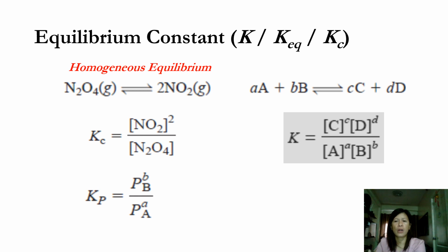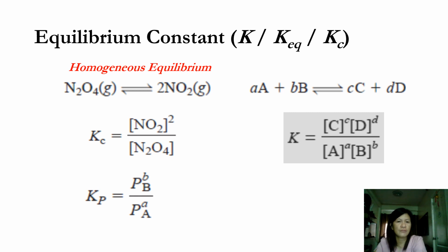So again, especially for homogeneous equilibrium that is composed of reactants and products that are all in the gaseous state, you use the alternative equation, which is just similar in terms of positioning of reactant and product. Only you are computing for the equilibrium constant considering the partial pressures of the reactants and products, not the concentrations of the substances.